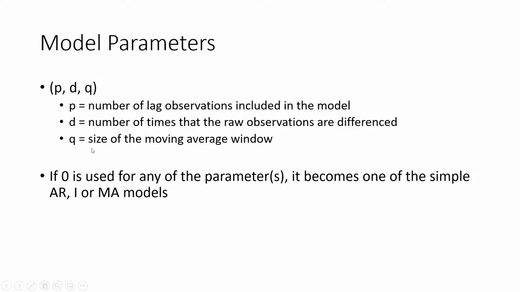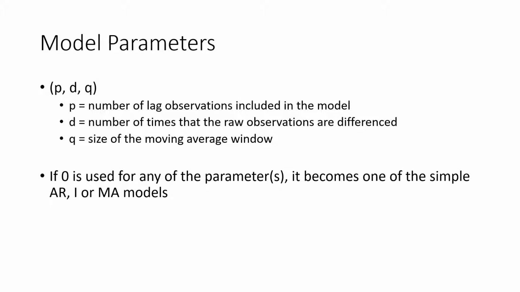And in this PDQ notation, if you use 0 for any of the parameters, for example, if you use 0 for P and D, so only the Q component is specified, then it will be called a moving average model. The forecast will be a simple moving average forecast, which will consider the number of time windows that you specify.